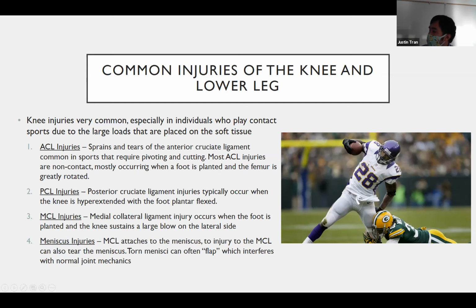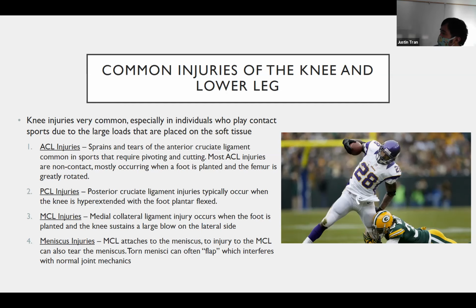That means you don't have another player or another force impacting you from the outside. It's strictly from your own action. You can see here that it happens most commonly when the foot is planted and the femur is greatly rotated.